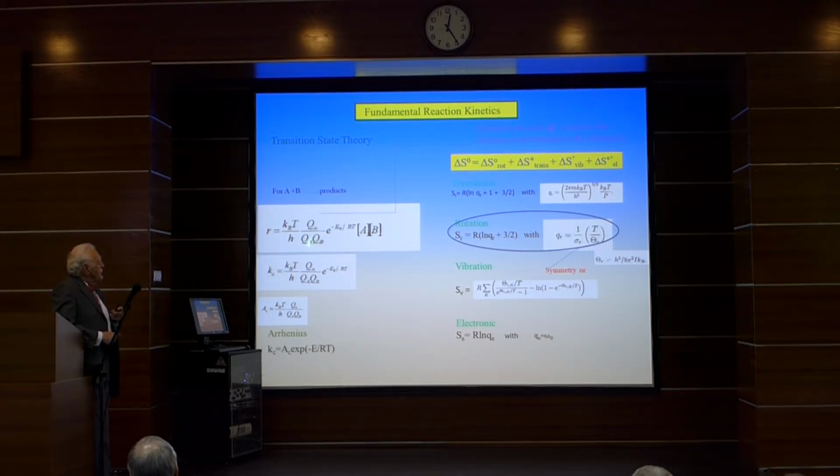And each of the partition functions of the reactants and of the active intermediate consists of those 4 contributions: translation, rotation, vibration, electronic, etc. And if I want to account for the effect of structure on the rate coefficient, the most obvious among those entropy contributions is the one dealing with the rotation.